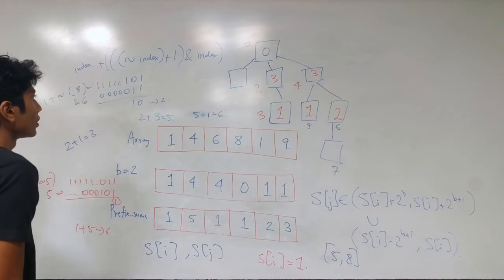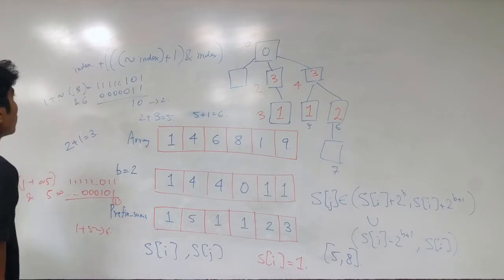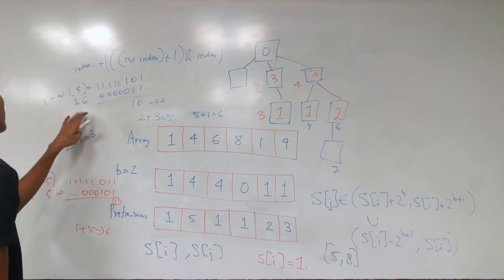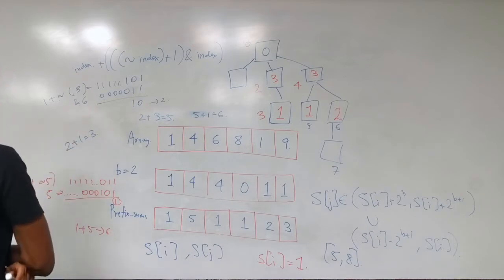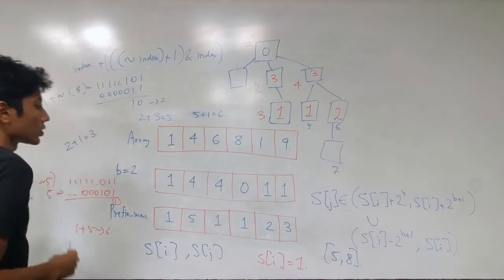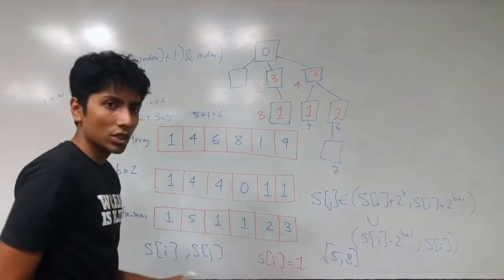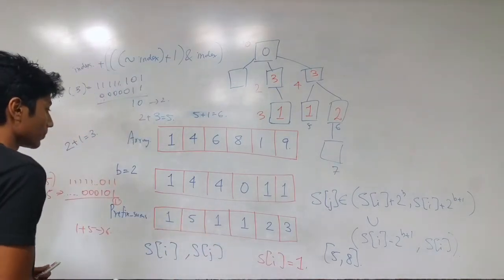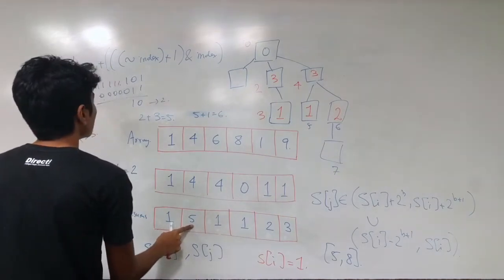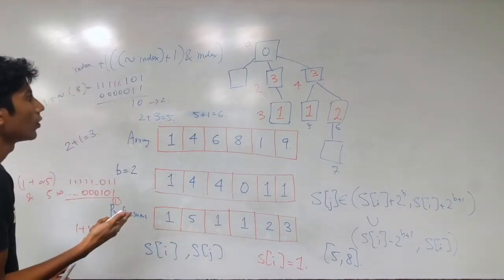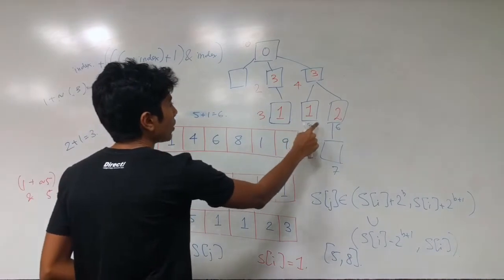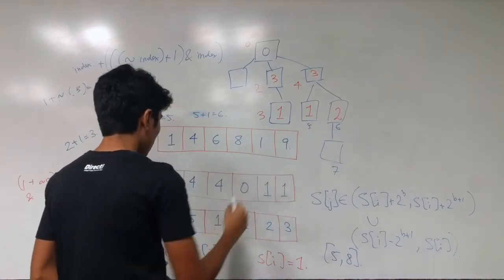Well, from what I can see, why did I end with 6 then? Or maybe I'm getting really confused. Let's just do this for 3 and figure out what happens. This is 5, right? 5 got updated by 1.